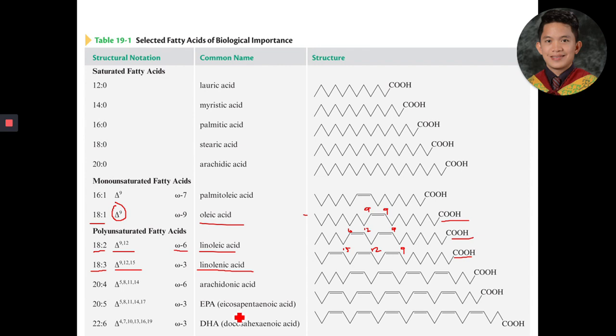Okay, so that's it. That is how you determine the position of double bonds in mono and polyunsaturated fatty acids, and determine the numerical structural notations using the two numbers separated with a colon. So please always remember that one.